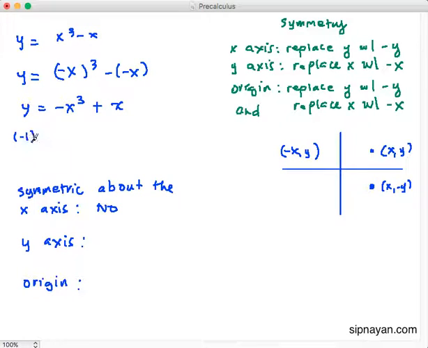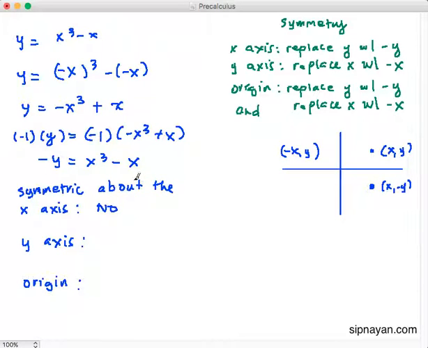So negative 1 times y equals negative 1 times x cubed plus x. So negative y equals x cubed minus x. May magagawa ba tayo dito? Wala na. Kapareho ba siya nito? No. So hindi siya symmetric about the y-axis. Okay.